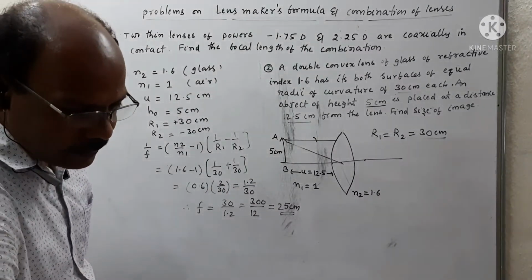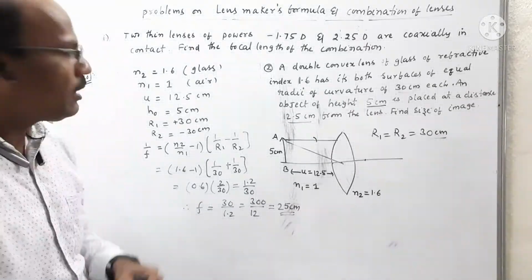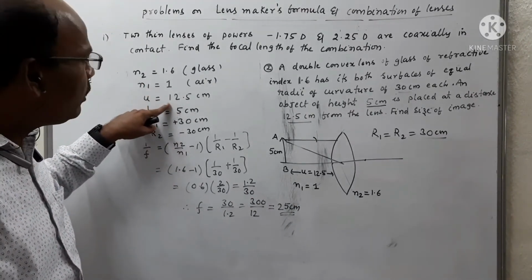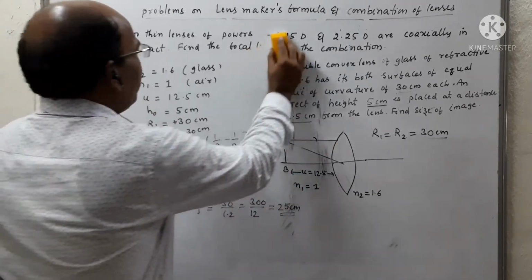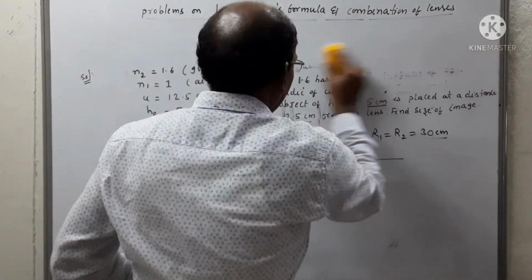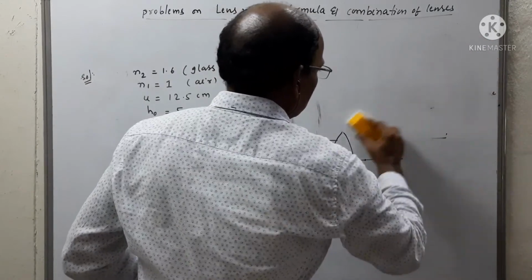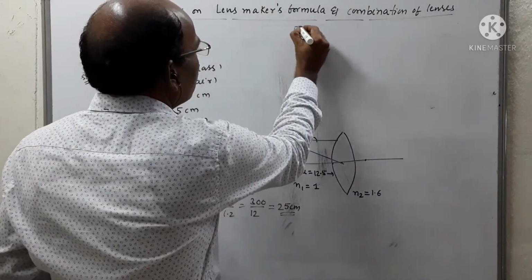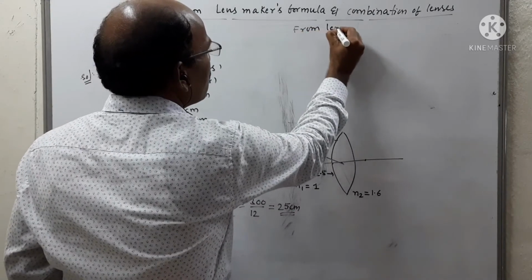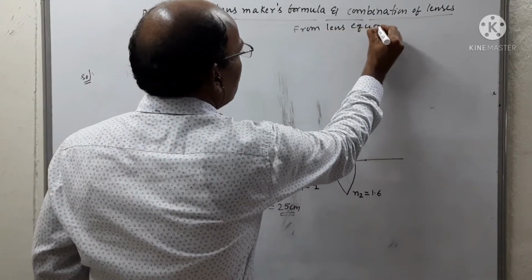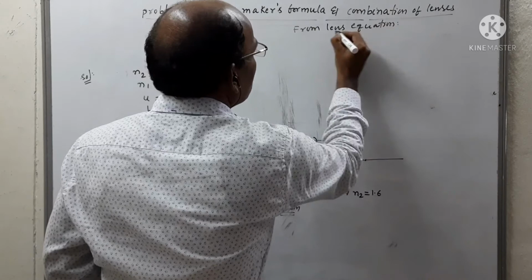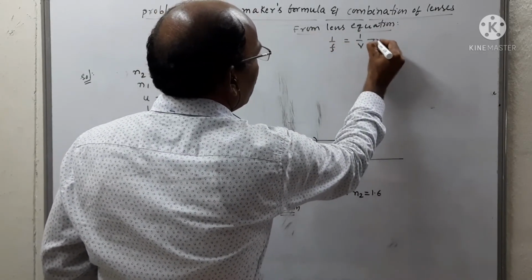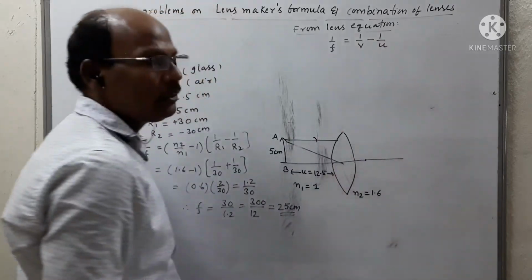Then find the value of v. So the object distance is already given. From the lens equation, we can find the value of image distance. So from the lens equation, 1 by f is equal to 1 by v minus 1 by u.